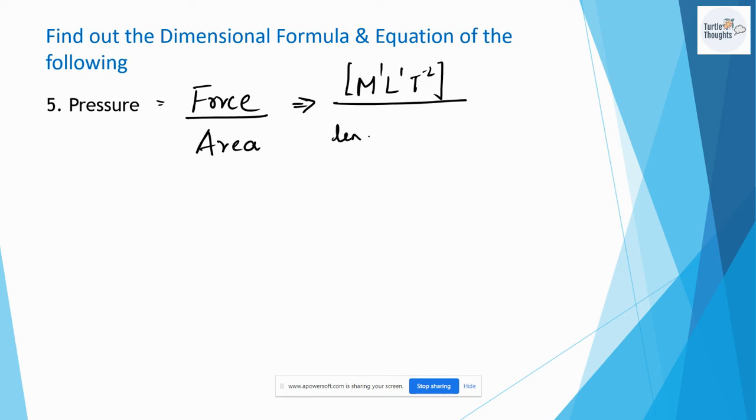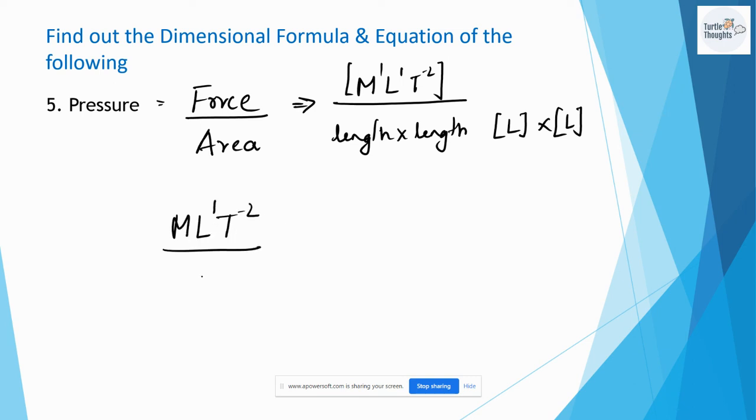Basically, area is nothing but length multiplied by length. So can I tell that it is L multiplied by L? So L into L, I'll be getting L square. So I can write this as M1 L1 T to the power minus 2 divided by L square.